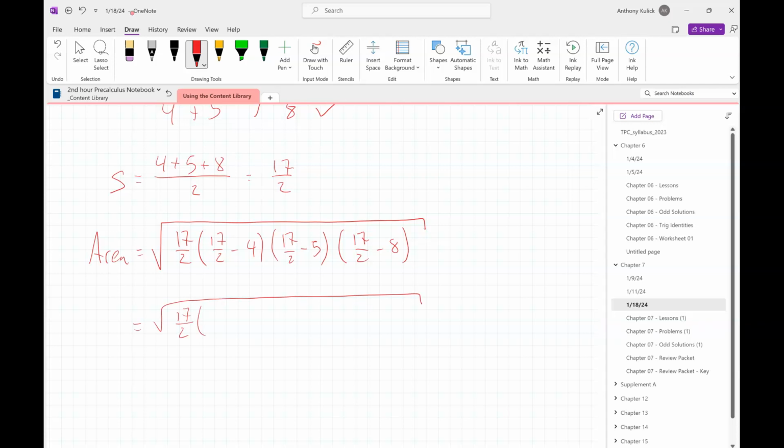You could type that into your calculator, or if you're feeling fancy, and I'm feeling fancy right now, you could make some common denominators and do the subtraction. 4 is really 8 over 2, so that's going to be 9 over 2. 5 is really 10 over 2, so that's going to be 7 over 2. And 8 is really 16 over 2, so that's going to be 1/2.